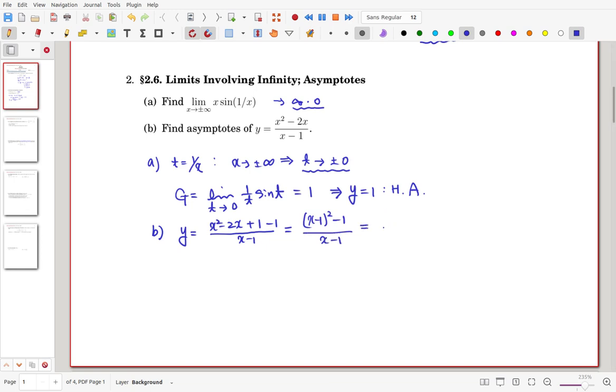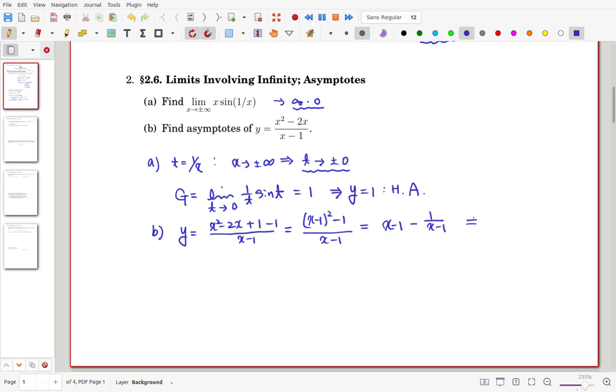So that is x minus 1 minus 1 over x minus 1. As x approaches infinity or minus infinity, the last term approaches 0, so we have an oblique asymptote.